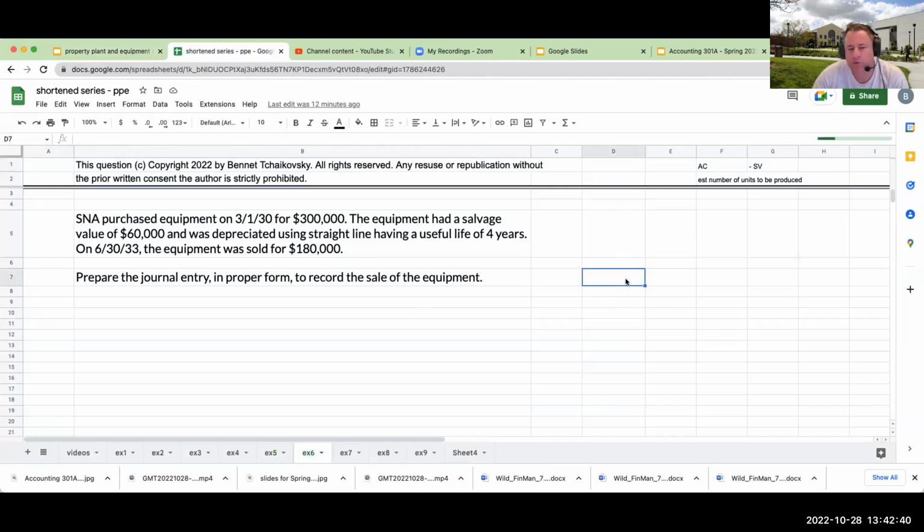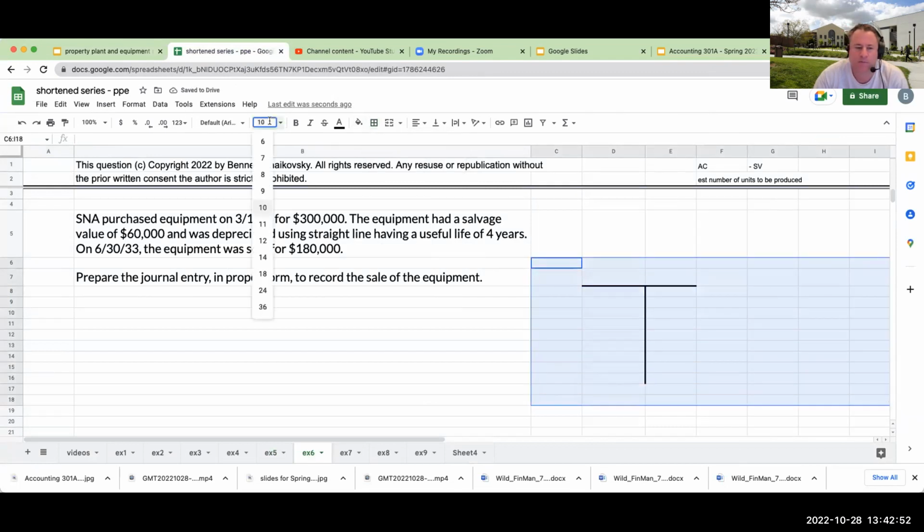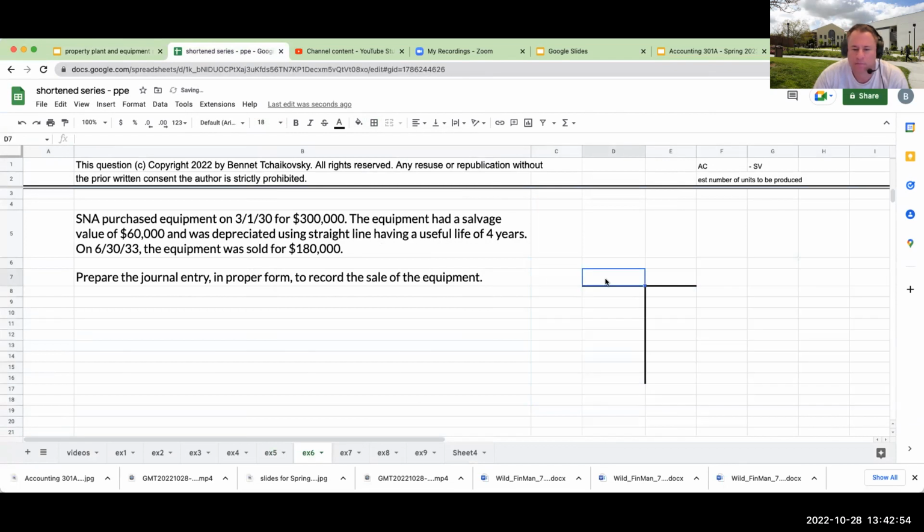The first thing I know that I have to do, if we think about this intuitively, is that I've got equipment sitting on my books for $300,000.